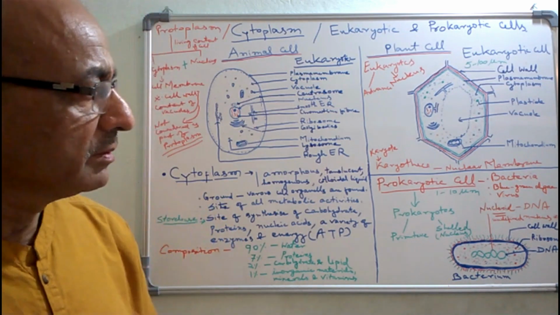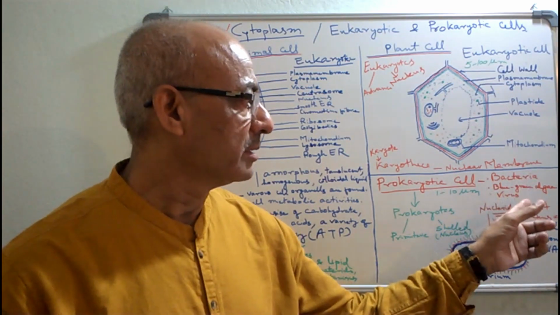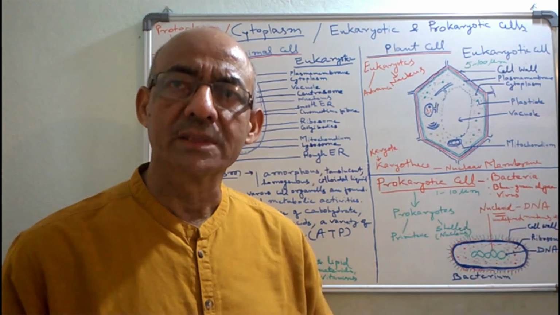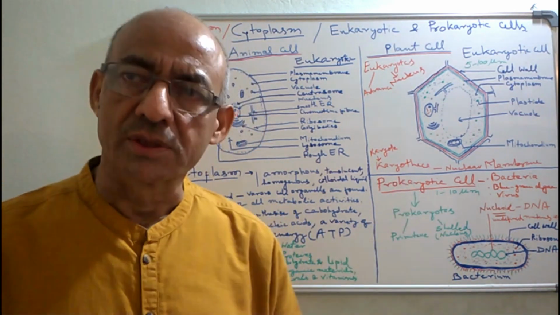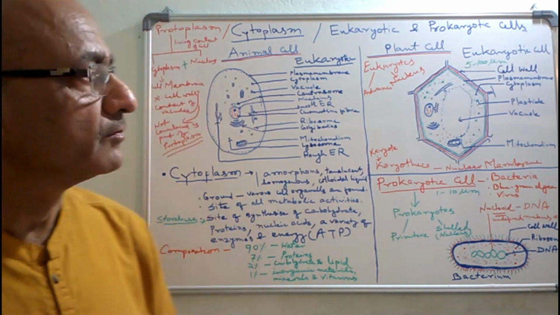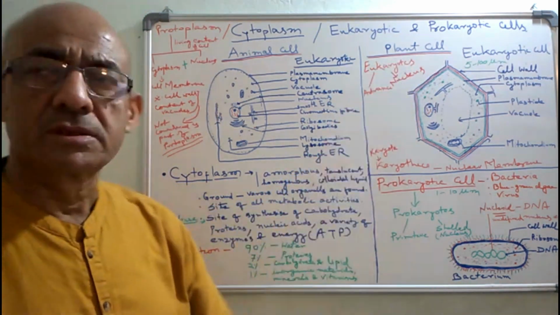Thus, bacteria, blue-green algae and viruses are the examples of prokaryotes.